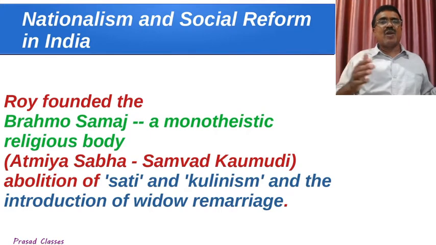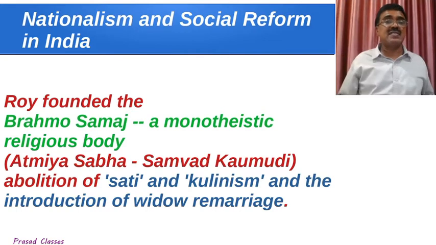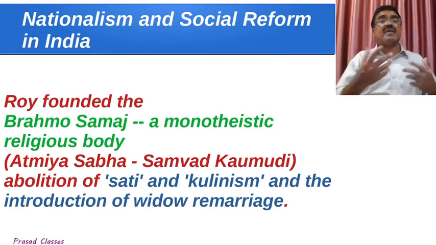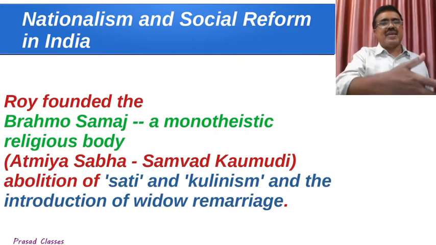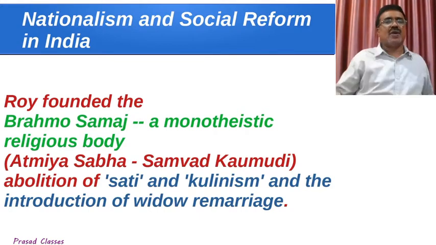Similarly, we have anuloma and pratiloma marriages, which are allowed in some cases. An upper caste man can marry a lower caste woman, but the reverse is completely prevented because it will mix up the varnashrama dharma. That was the argument.